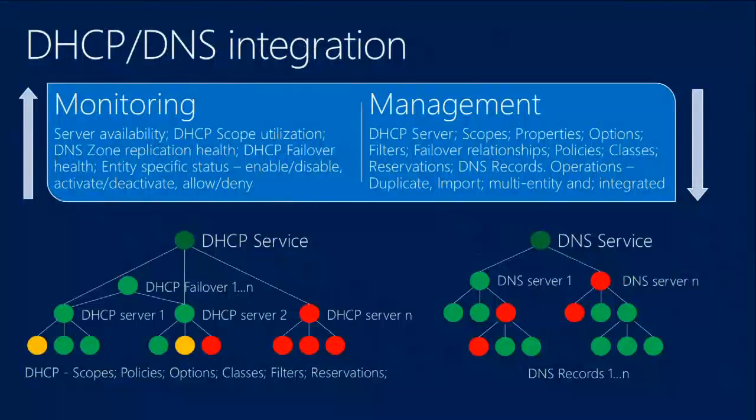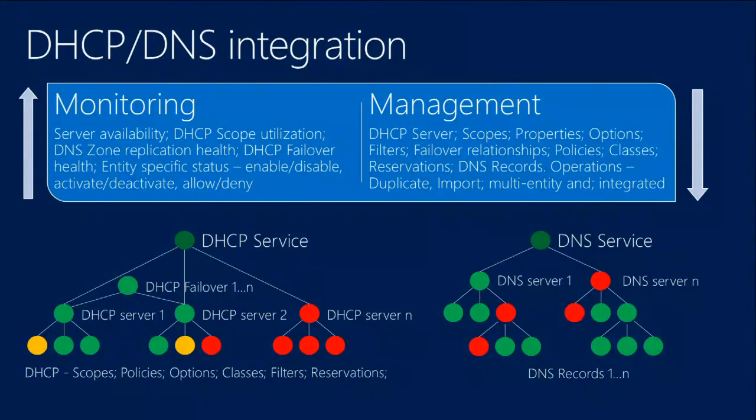Okay, so before we go into the demo of RBAC and the whole DHCP management, what this picture shows you here is how IPAM looks at your DNS and DHCP server service infrastructure. So you have multiple DHCP servers or multiple DNS servers which work together to provide the DHCP or DNS service for your enterprise.